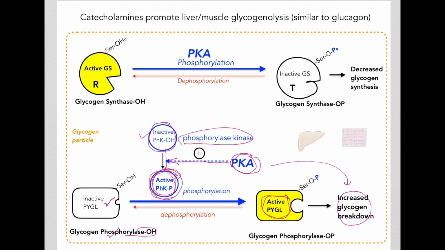And once this is active, this will now phosphorylate the glycogen phosphorylase, making the inactive form into the active form, and thereby increasing glycogen breakdown in the muscle as well as the liver. So PKA decreases glycogen synthesis, increases glycogen breakdown.